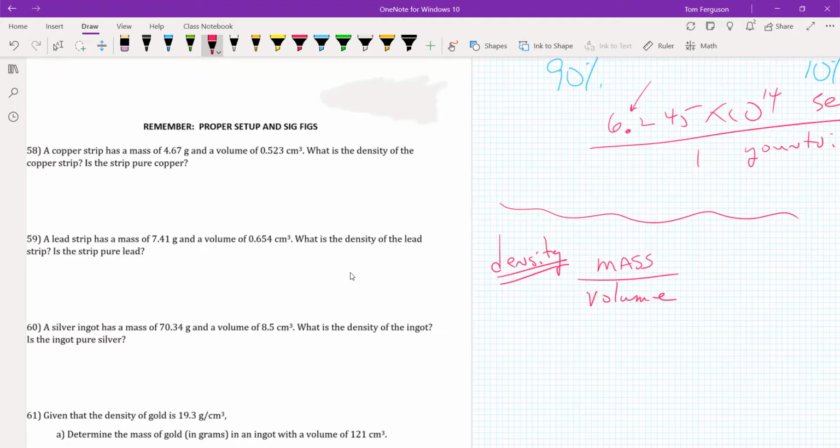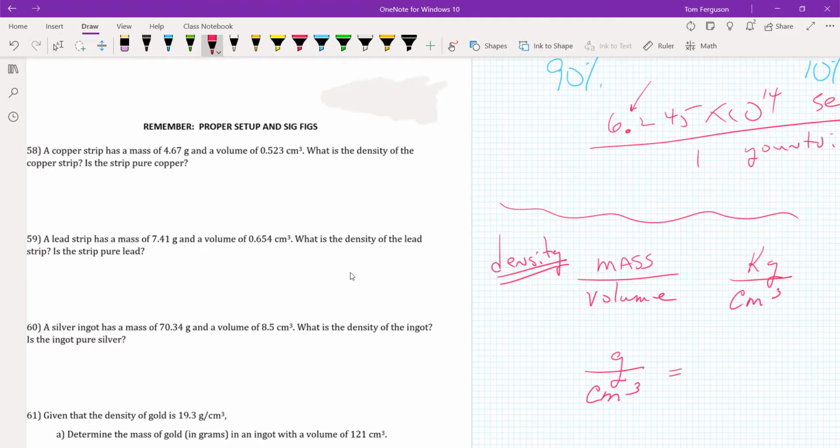In the standard international units, we're talking about kilograms per cubic centimeter. In chemistry, usually we don't use kilograms, we use grams. So typically in chemistry, we're looking at grams per cubic centimeter.